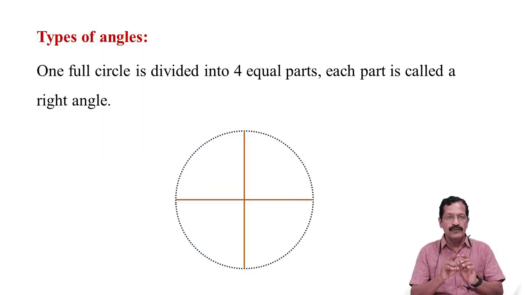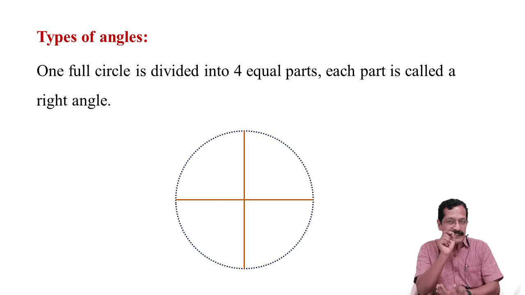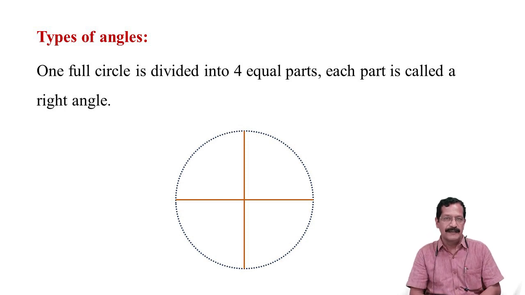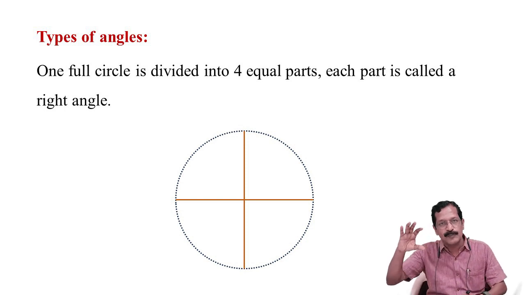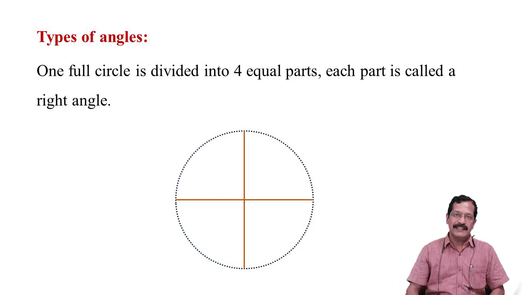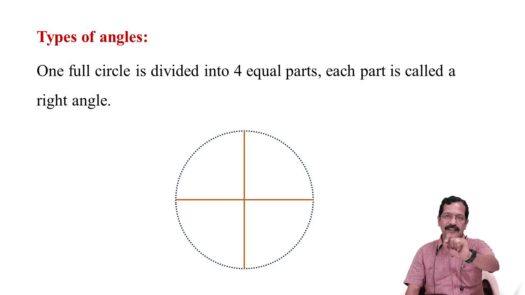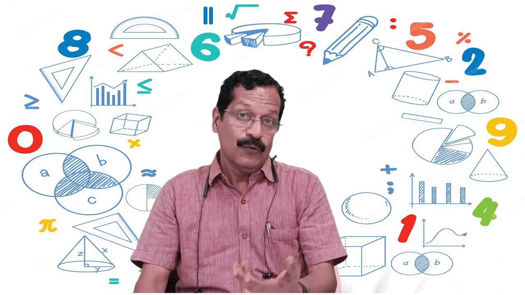The children, one full circle is divided into 4 equal parts. Then each part is called a right angle. So, one full circle, if you divide it into 4 equal parts, each part is called a right angle. Now, how will you measure an angle?